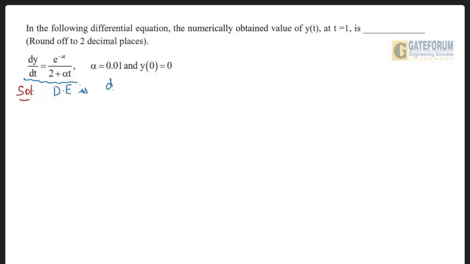It is dy by dx is equal to e to the power minus alpha t divided by 2 plus alpha t. A or alpha, you can write. I think it is the alpha notation. This is alpha. It's a printing mistake. This is alpha t, and this is also.